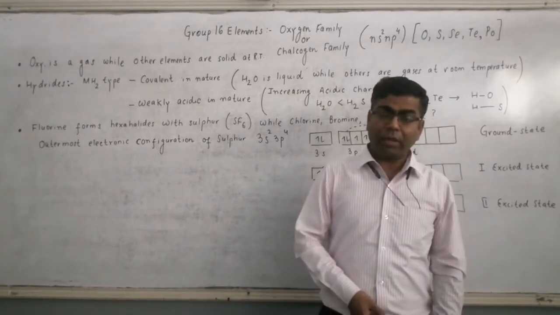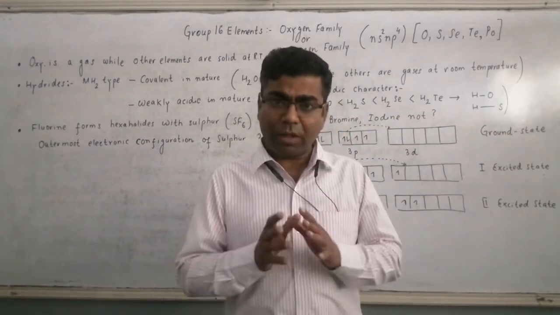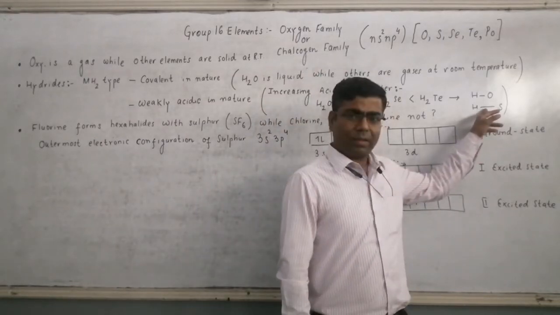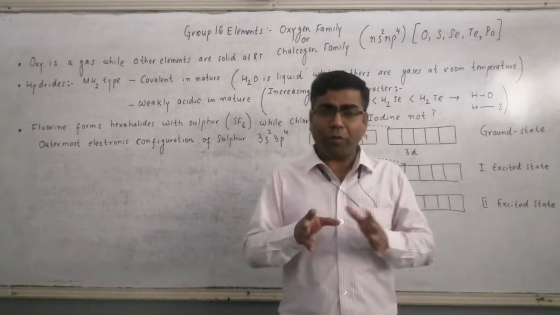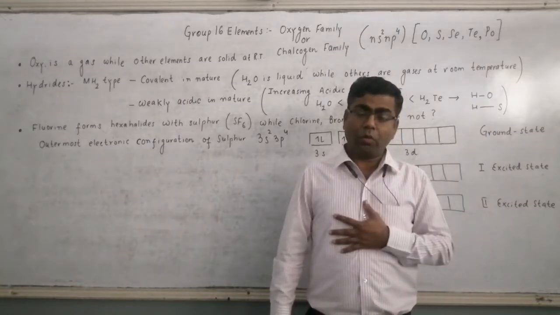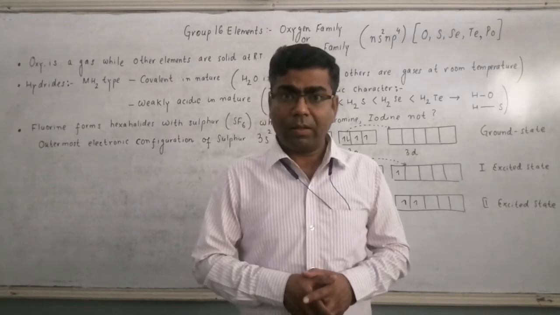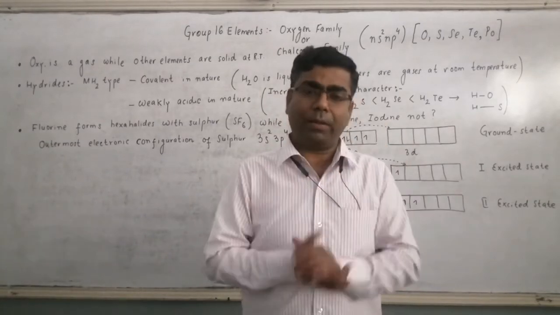But as we move down in a group, after oxygen it is sulfur. Atomic size of sulfur is more than oxygen, so naturally bond length will increase. If bond length increases, then the force of attraction between H and sulfur will decrease. Or in other words, bond strength will decrease. So bond strength is proportional to 1 by bond length.